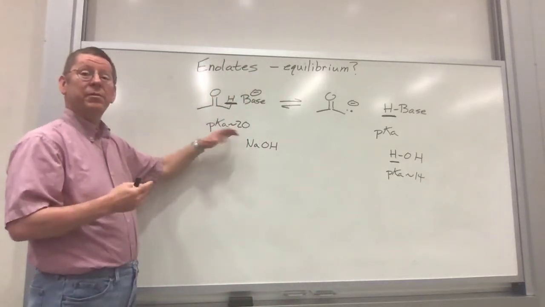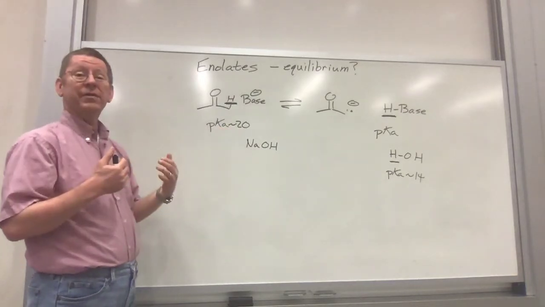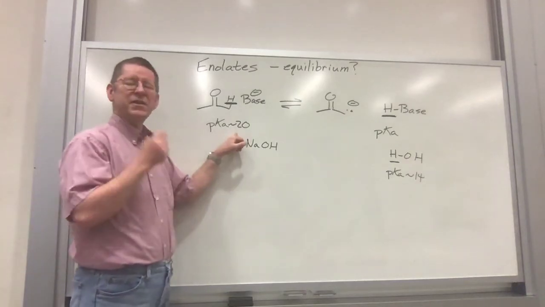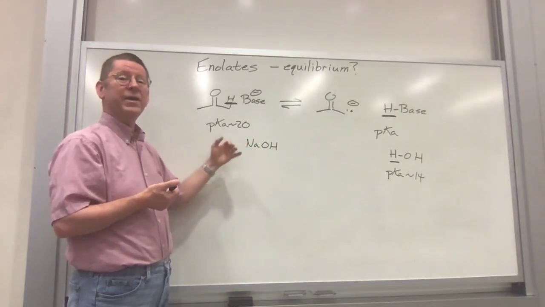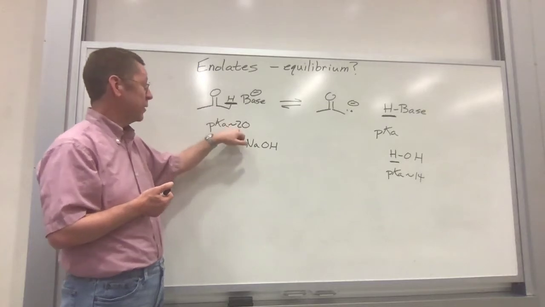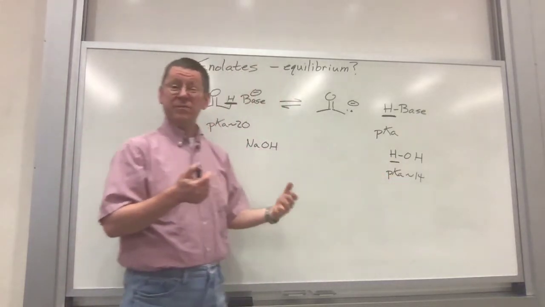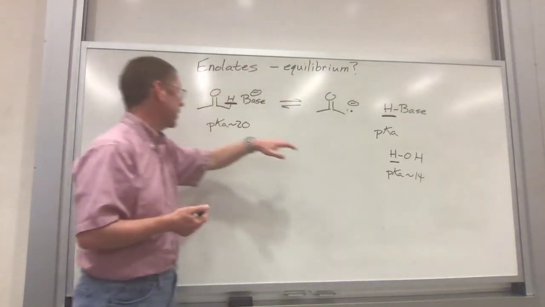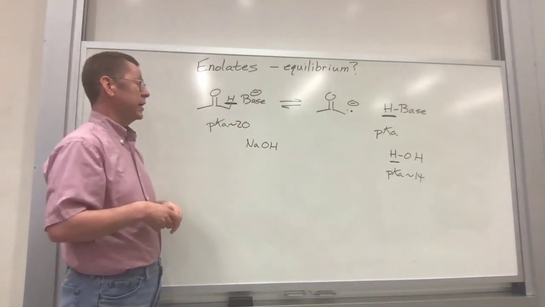And then we need to remember, in acid-base reactions, we want to favor the weaker acid. Now this is one of the things that's easy to get flipped around. Remember, our weaker acid is actually going to be our larger number. So if we're comparing 20 and 14, although we still don't think of 14 as really an acid, it is comparatively a significantly stronger acid than here.